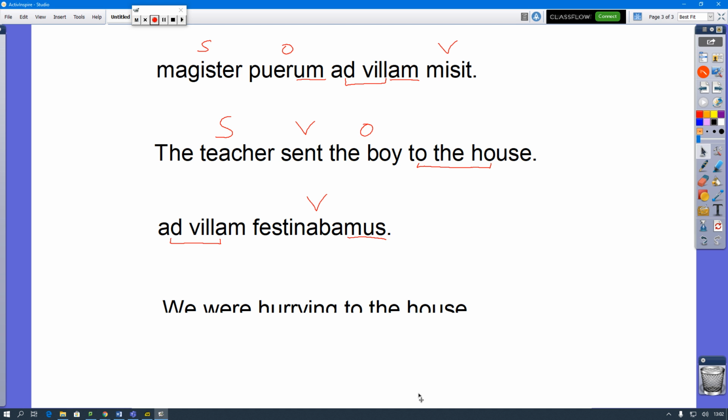So my sentence here: we were hurrying, do the verb first, and then I only do the preposition phrase at the end of the sentence. So preposition phrases, whenever they appear in a Latin sentence, we shouldn't translate them until we have done all the subject, verb, object part of the sentence.